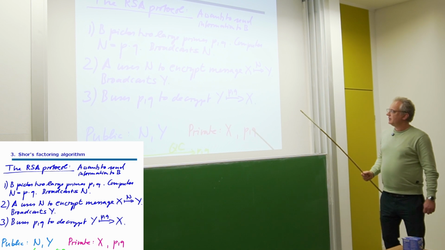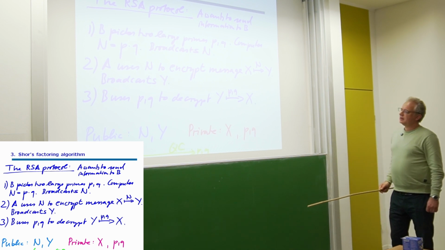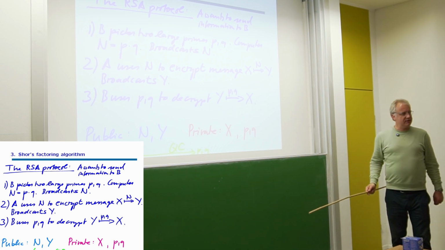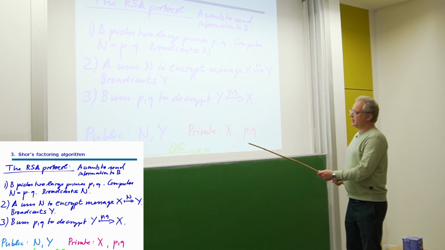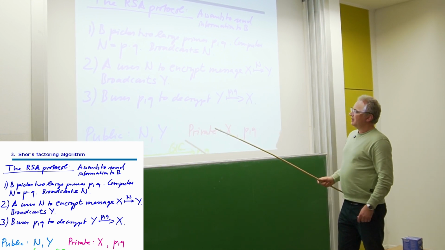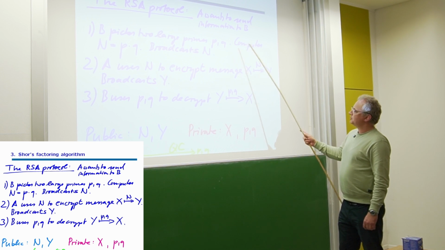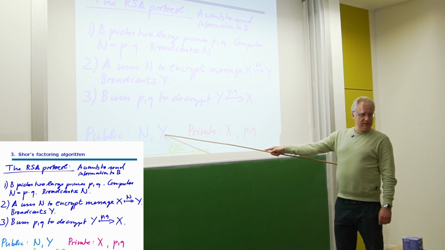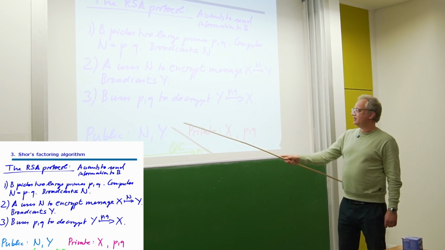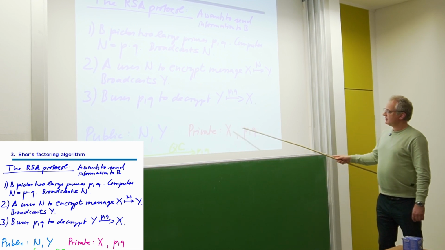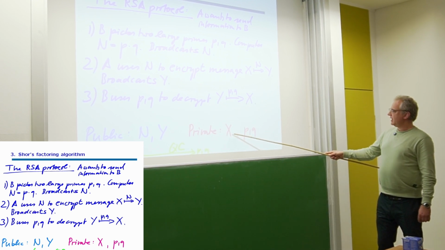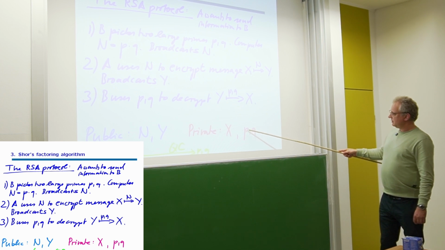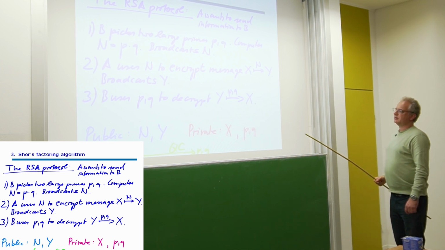Now let's see what's public and what's private in this scheme. Public is the product of the two numbers P and Q, that is N, and the encoded message. Everybody can read that. Private is the clear message and the two factors themselves.